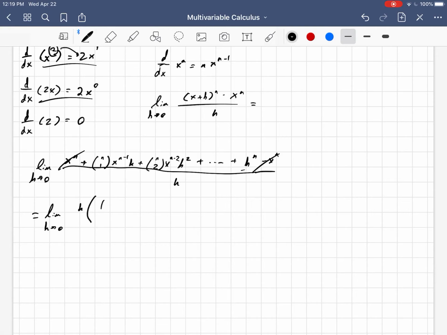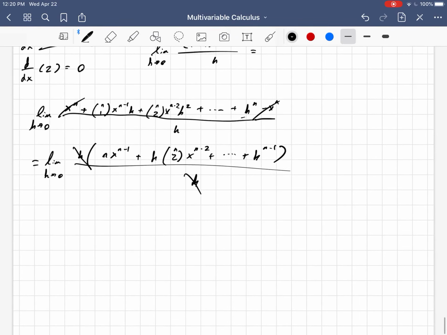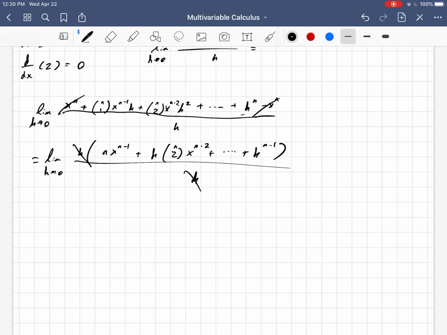And then every term here has a factor of h in it, which is very nice because then we can cancel out the denominator. So we will get the limit as h goes to 0 of h times, and I'll just write it as n, because n choose 1 is n, nx to the n minus 1 plus h times n choose 2, and I don't need to calculate that.